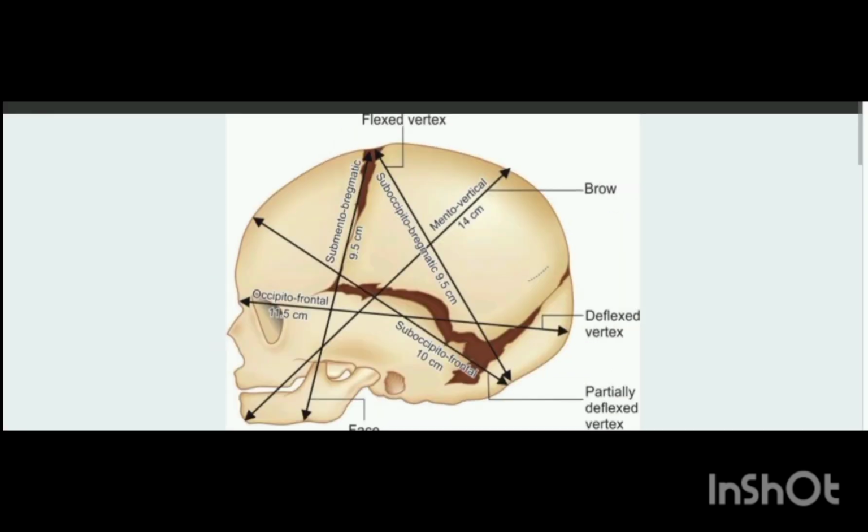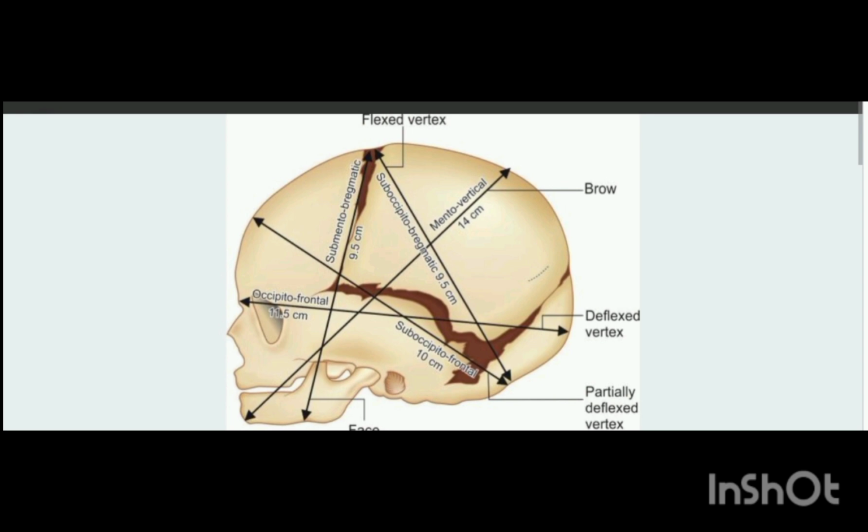Now mentovertical means from the angle of the mentum. I told you the chin or mandible bone angle is known as the mentum. So from the angle of the mandibular bone to the vertex region is called mentovertical.